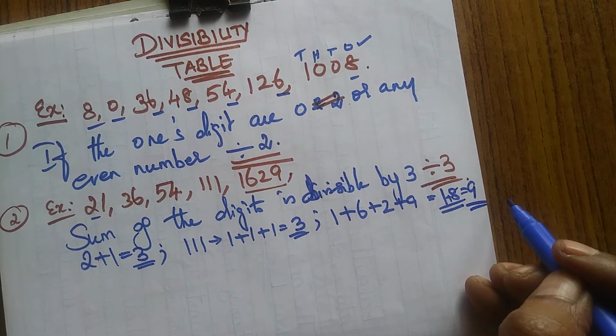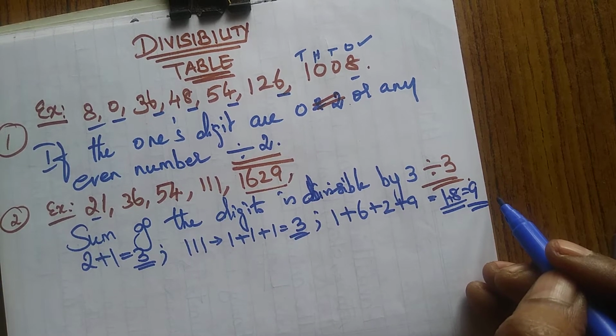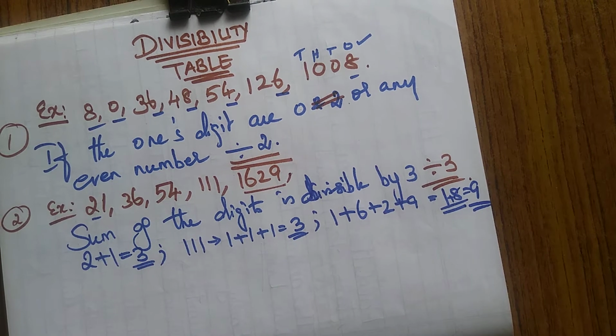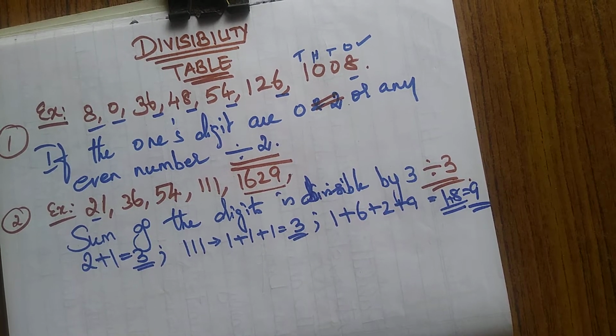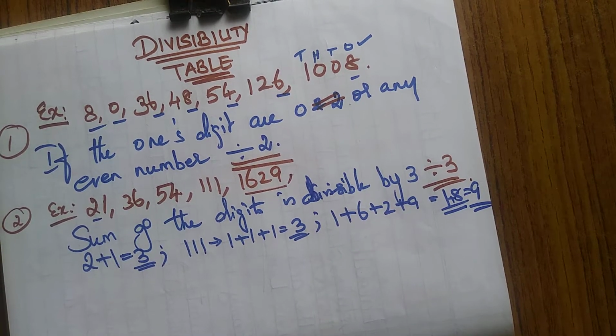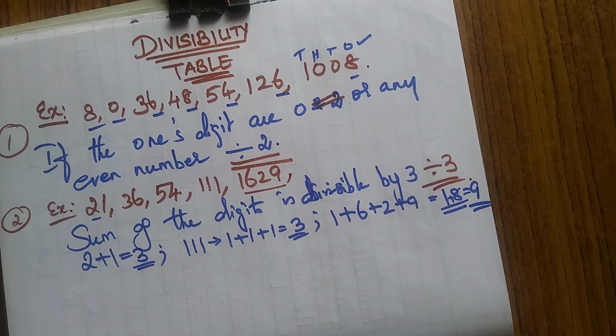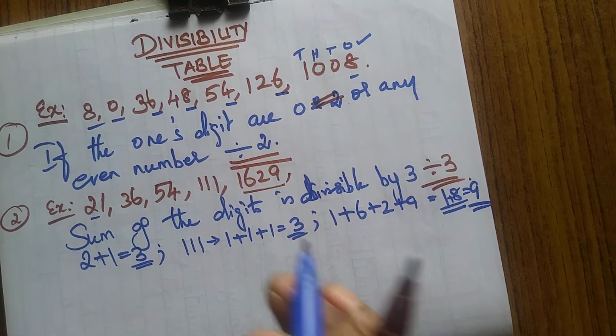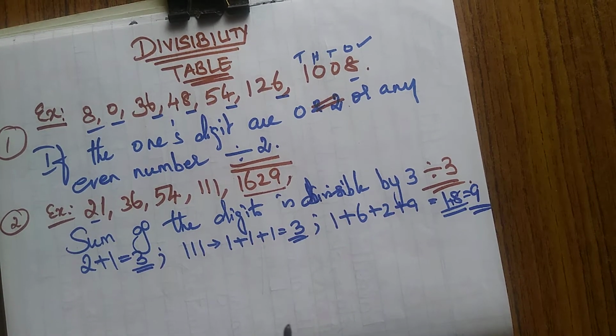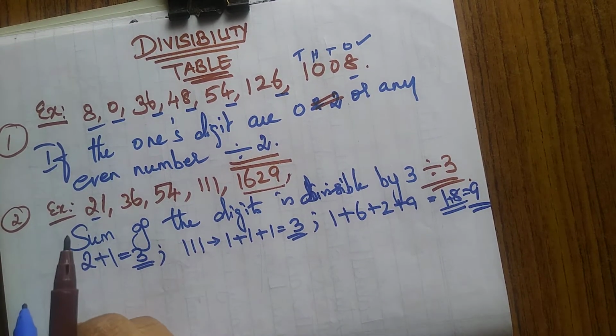Does 9 have a factor of 3? Of course, 3 ones are 3, 3 twos are 6, 3 threes are 9. So this 9 can be divided by 3, and the given number is divisible by 3. So children, stick to the rules and follow them properly, and it will be very easy for you to solve the sums.